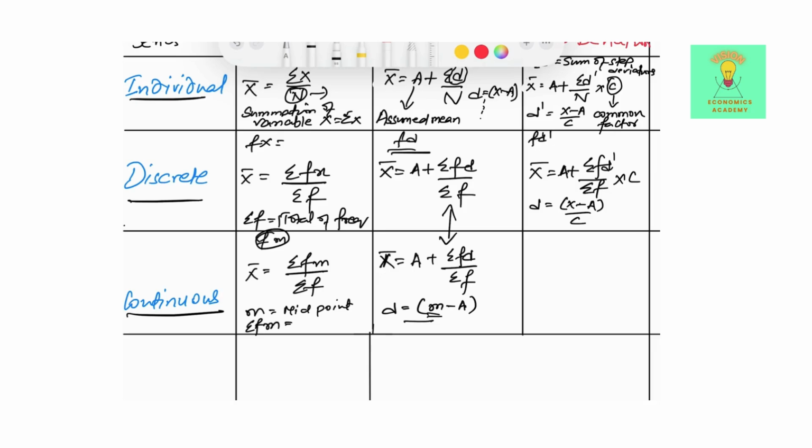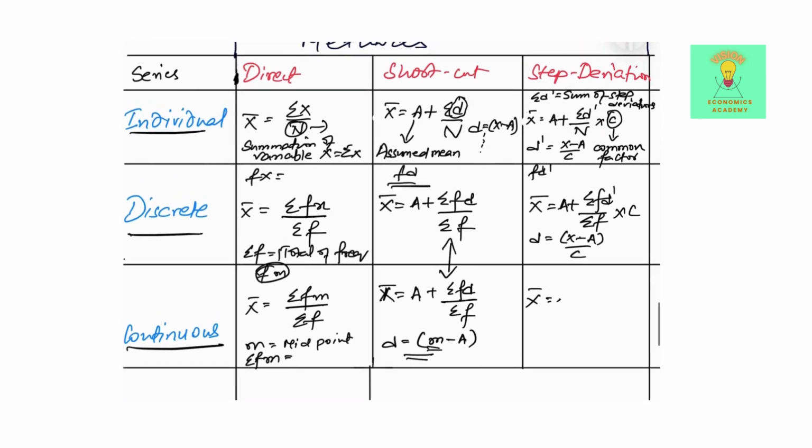So here d is the difference between the midpoint and the assumed mean. And in the same way, the step deviation method, x bar equals a plus summation f d dash by summation f into c. So here also d dash is nothing but m minus a by c. Alright. So these are the 9 formulas that are used when we are calculating arithmetic mean from different series through different methods.